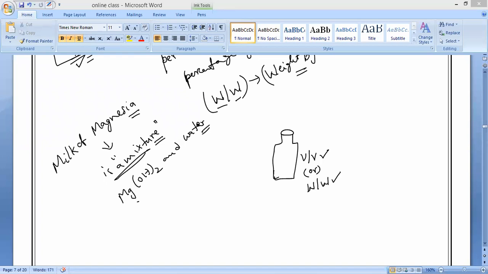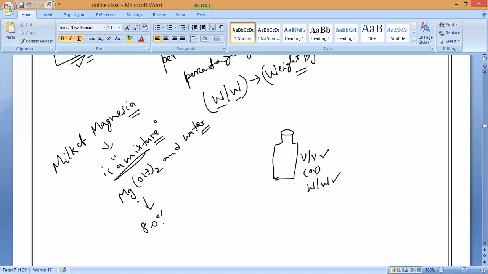If you notice, it contains approximately 8% W by W of magnesium hydroxide. How much percentage is present? 8% W by W means weight by weight or volume by volume? Weight by weight.